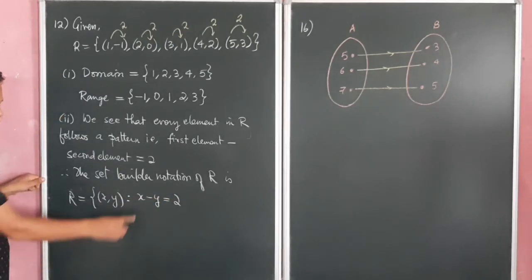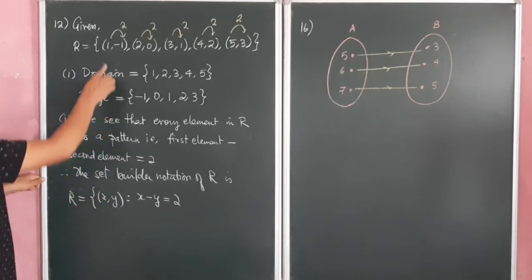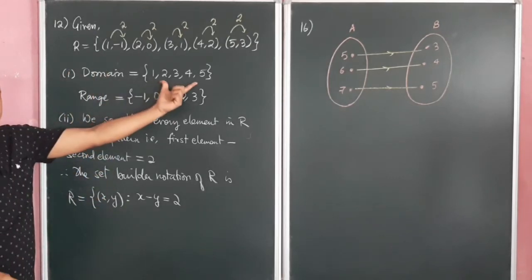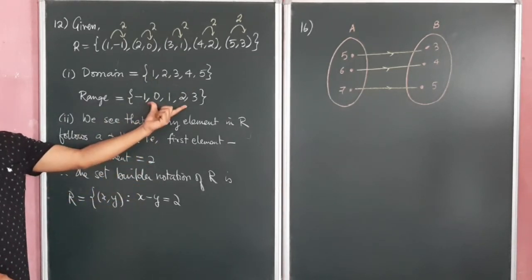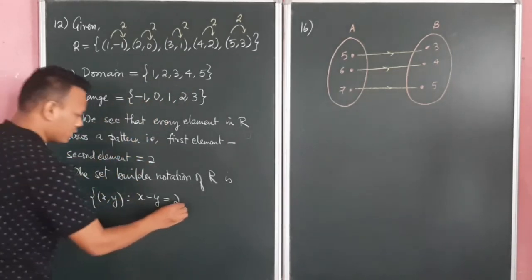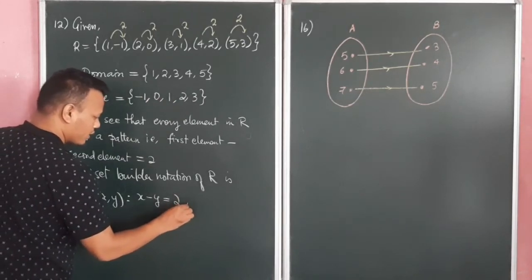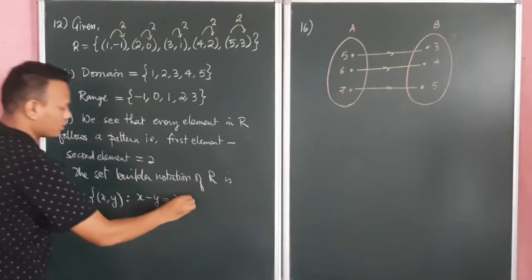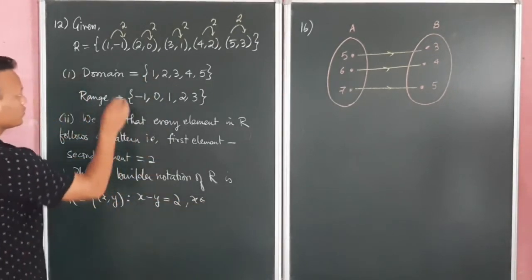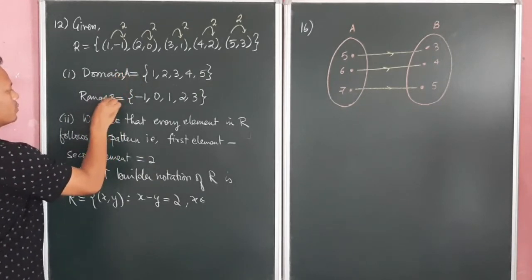Alright, and what is this x? This x is coming from this set, isn't it? And what is this y? This y is coming from this set. Alright, such that, where, okay, so x is coming from, okay, so let me write this domain as A, and let me write this range as B.